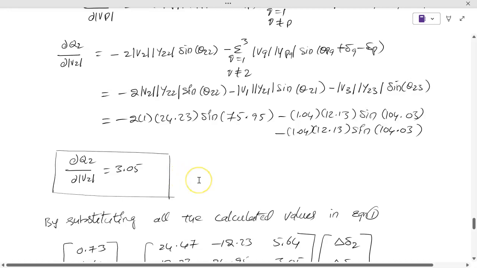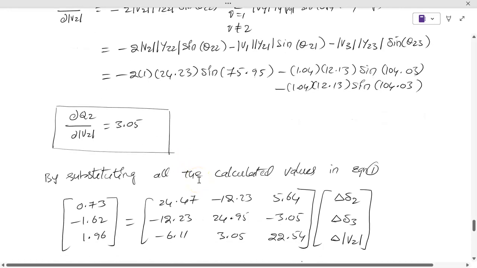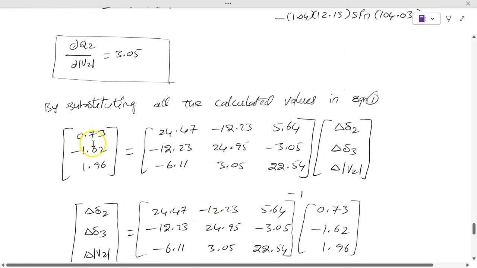Okay. Now after getting all the Jq values, after getting all the delta P, Q values, substitute them in equation 1 to get this equation. Then from this equation you need to calculate these values.